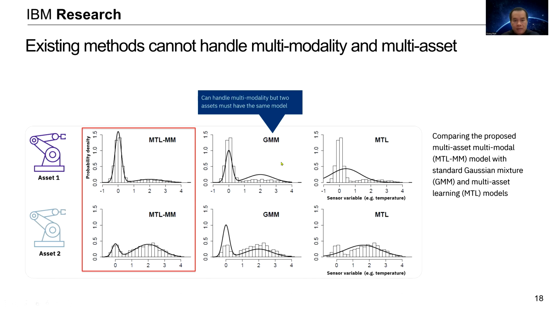If we only use the mixture model, we only build a single model for all the assets. In other multitask learning, they can build a model for each asset, but it only considers a single mode. In our case, we can build a multi-mode model for each asset. So for that, we call it the multi-asset, multi-model model.